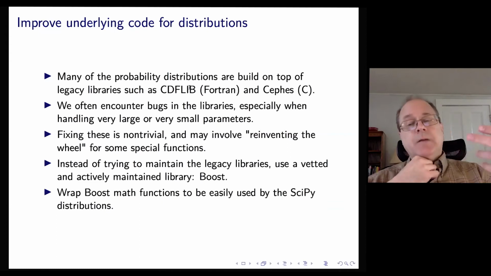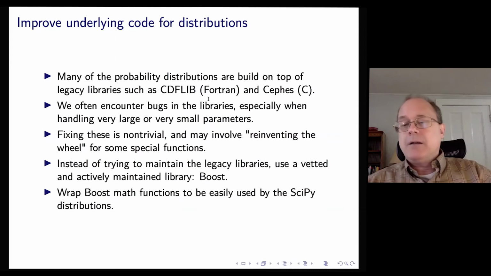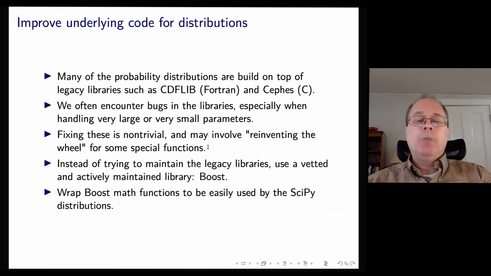We could spend time fixing those and deriving new methods to do better calculations. But there is a library out there that already does a lot of things very well, which is the Boost library, a vetted, actively maintained library with a very large collection of math functions, including special functions.